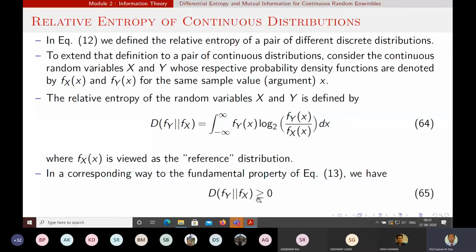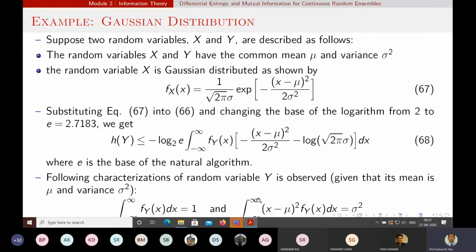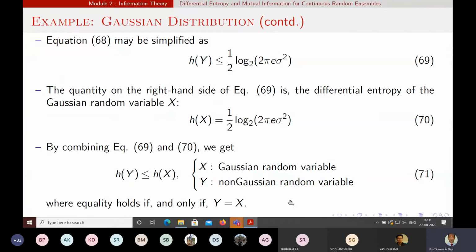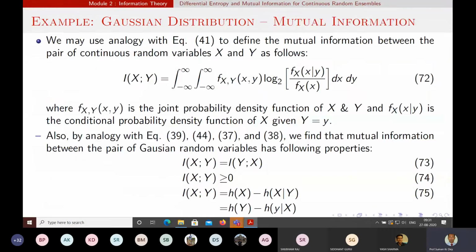Okay, so here we will basically get this relation. It will come as this, not less than. You are getting my point? Yes, sir. Okay, so these are the properties.